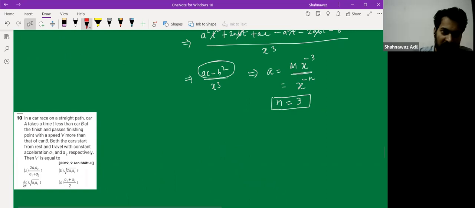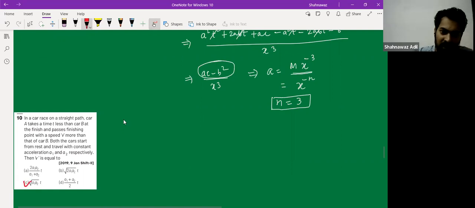And what logic did you use to solve this question? Sir, those formulas, S is equal to UT plus half aT square.